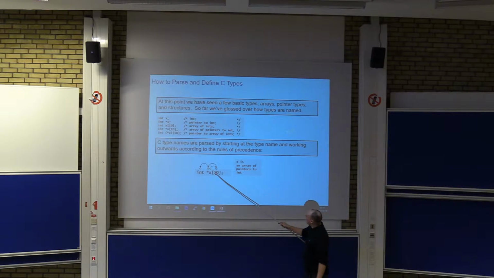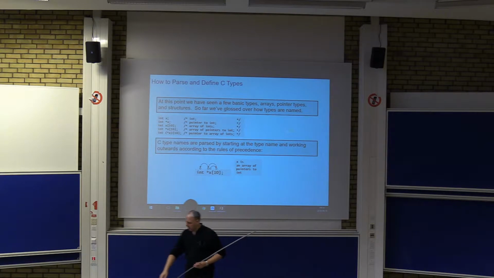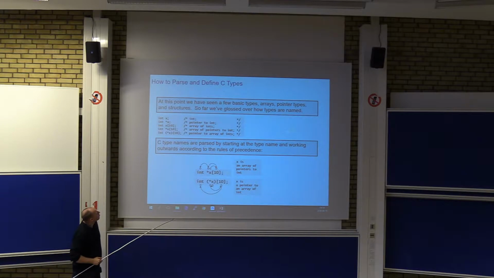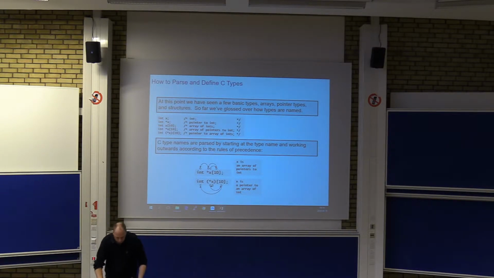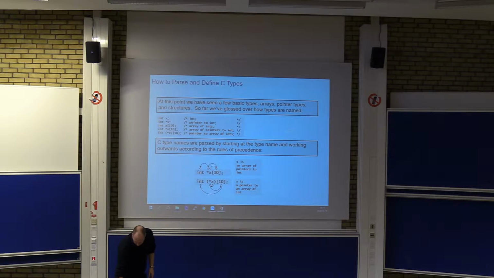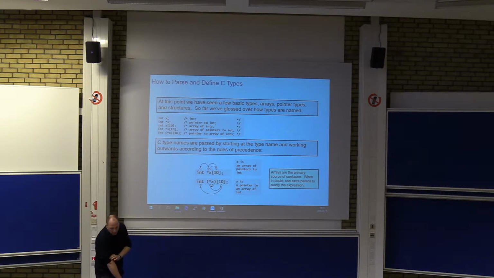So x is an array of pointers to integers, while if you do it this other way, x is a pointer to an array of integers. This is of course a little bit tricky before you have learned the rules. But at least when you write the code yourself, you can always put in parentheses to make sure you get what you want.